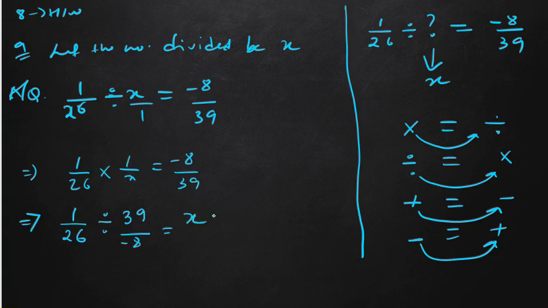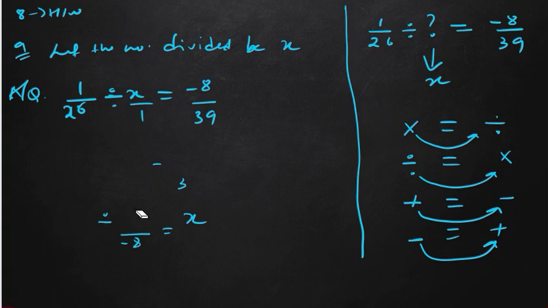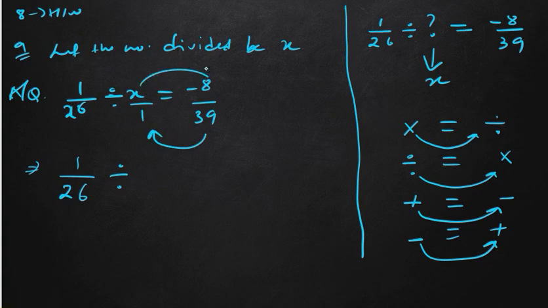Or you can directly write, if you are not changing from this division, you can easily write this. 1 by 26 will be fixed, division will also be fixed, just change the side.